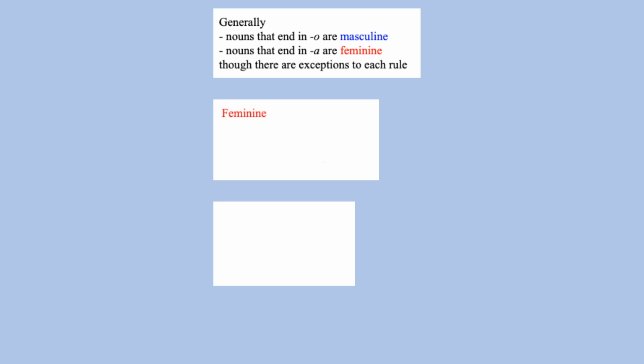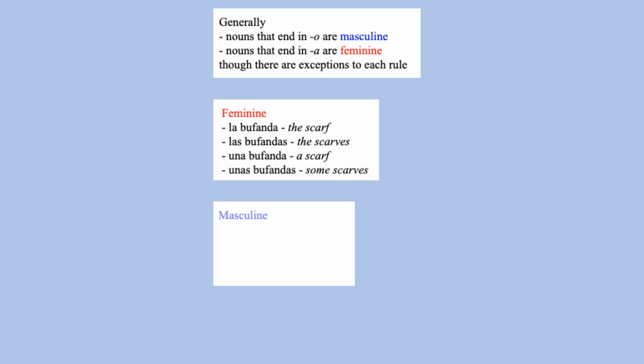For a feminine noun we have la bufanda, las bufandas, una bufanda, unas bufandas. For a masculine noun we have el libro, los libros, un libro, unos libros. Notice that the article changes depending on the gender and number of the noun.